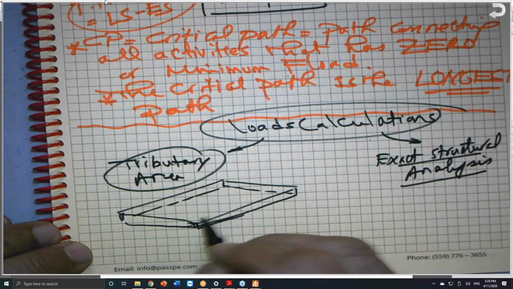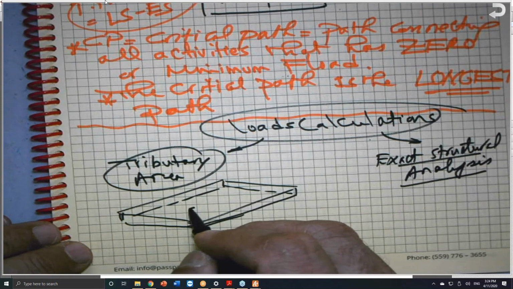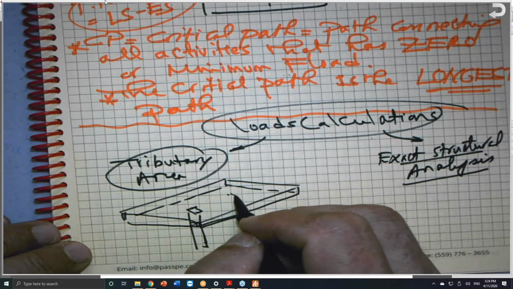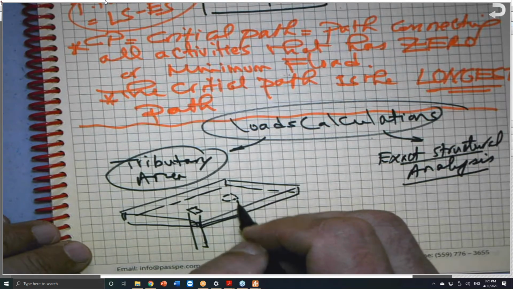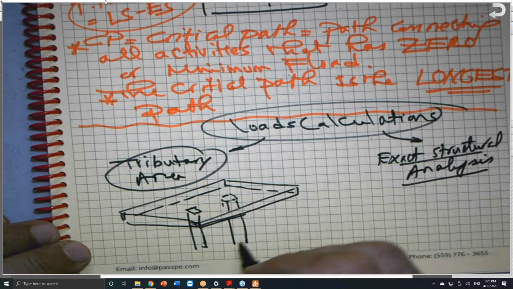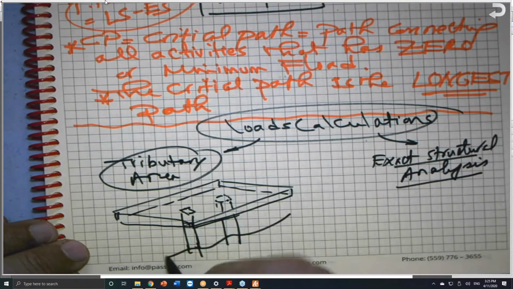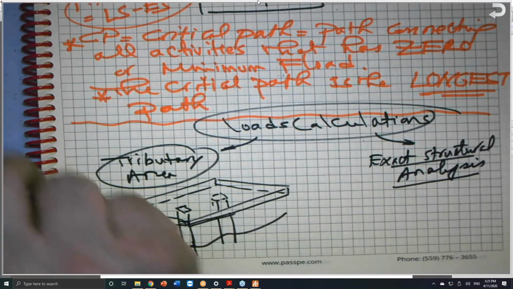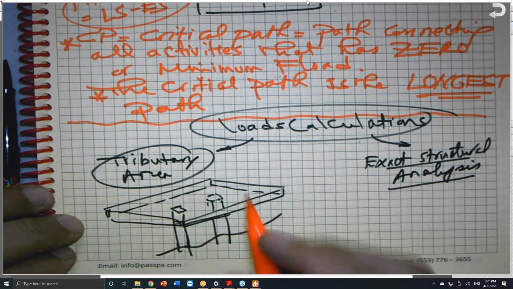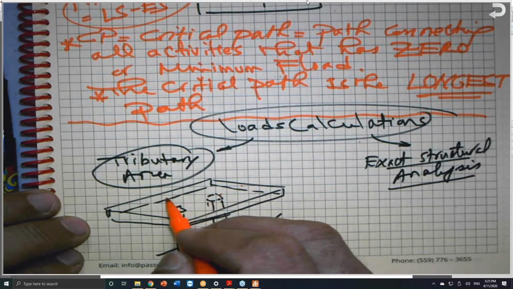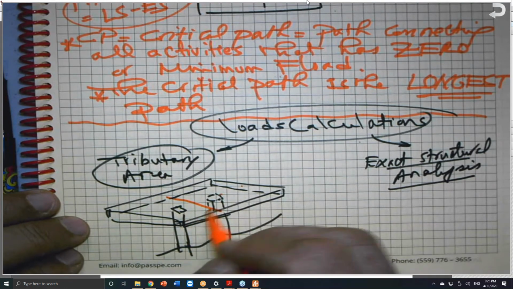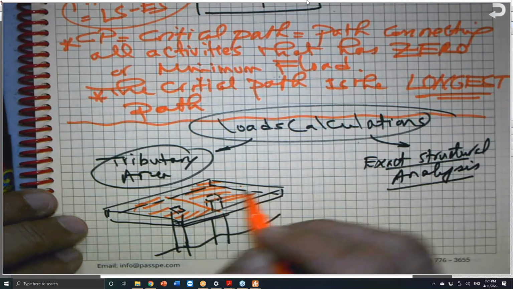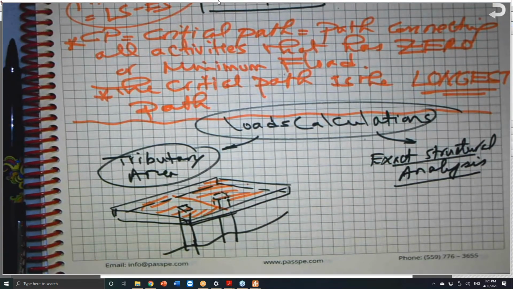For example, if I have two columns supporting this slab, I can say each column's tributary area takes from here to here, the average in the area here. So this is the area that will be the responsibility of this column, and this is the area of the other column. And in this case, they will carry the same amount.